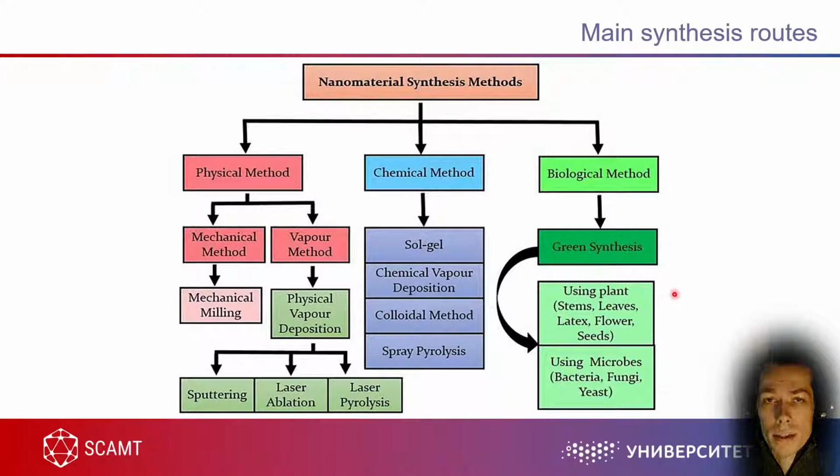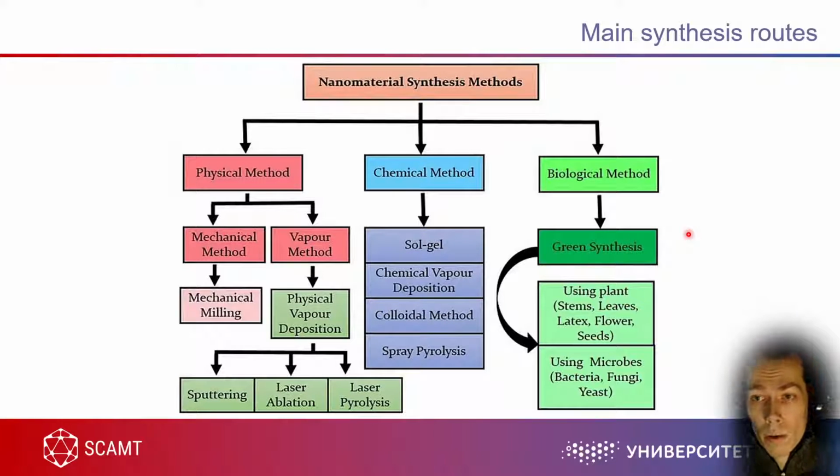But now green synthesis is everything that involves bacteria, fungi, yeast, extracts from leaves and so on, and even whole cells. Again, according to the results of the introductory test, not all of you are familiar with green synthesis methods, so we'll discuss it today.